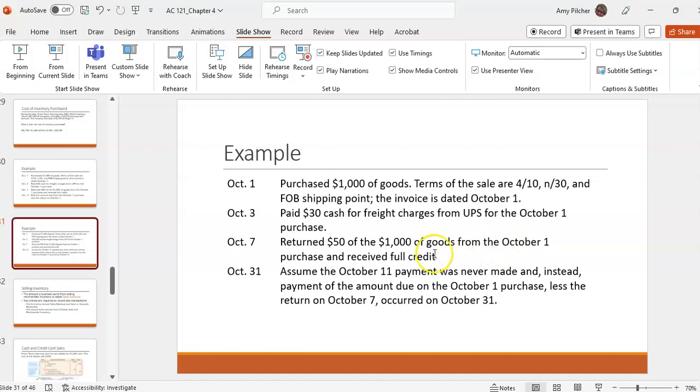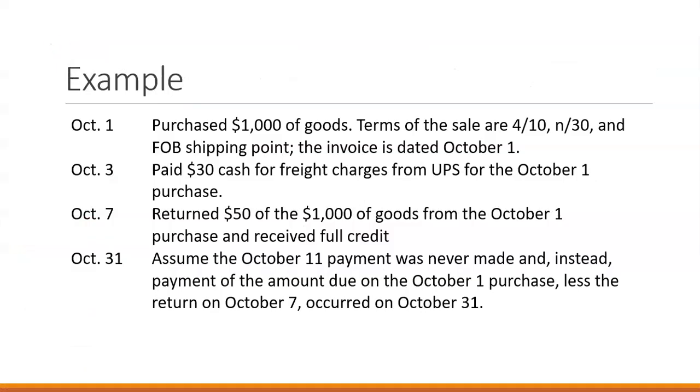In this example, we didn't make the payment in time, so we don't get the discount, and on October 31st, we have to pay the full $950. We wouldn't get that $38 discount that we got in the previous slide because we didn't pay within that time.